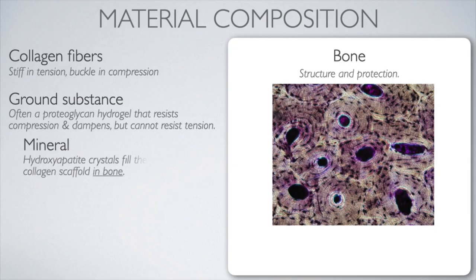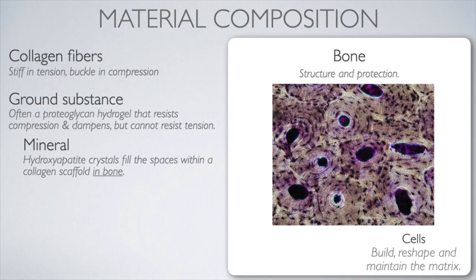So bones offer a special case of ground substance. You still have cells within your bones that are breaking down and rebuilding this stiff material. It makes sense that bone would be a special case because it is so stiff and relatively strong, and it does that through the hydroxyapatite crystals.